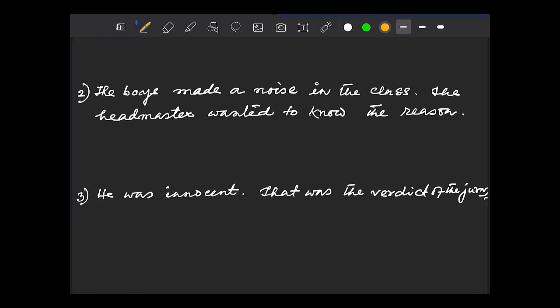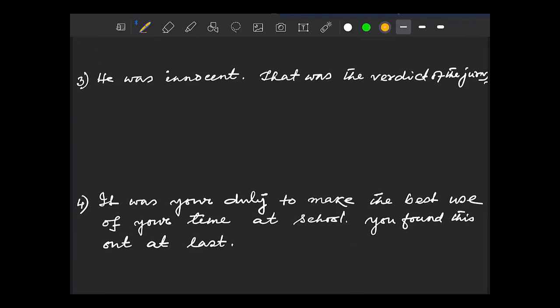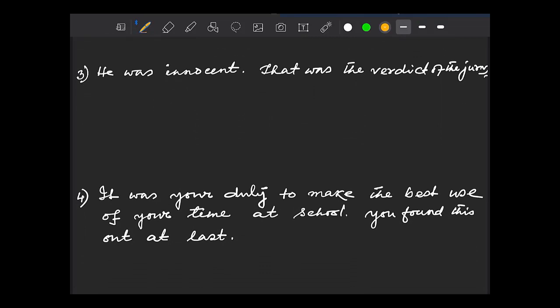Number 3. He was innocent. That was the verdict of the jury. Okay. Number 4. It was your duty to make the best use of your time at school.